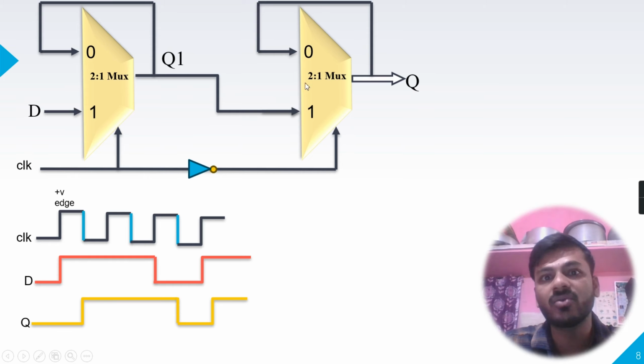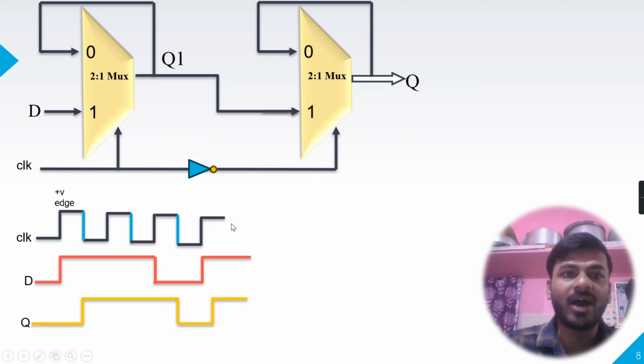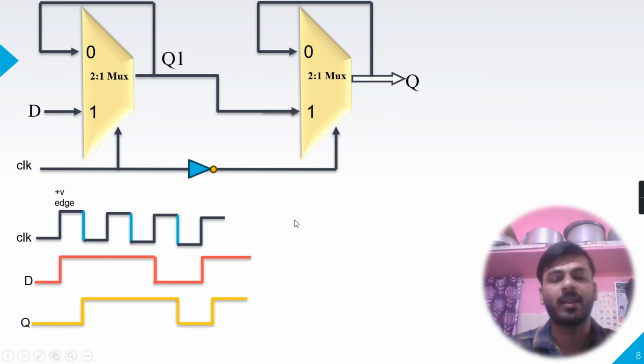Now Q1 is routed to this mux. Okay, due to negation my select line becomes 1, and now Q1 will be routed to the output Q. So here you can see at this negative edge Q1 is routed to the Q. So this is how the negative edge triggered D flip-flop by using 2:1 multiplexer is working here.